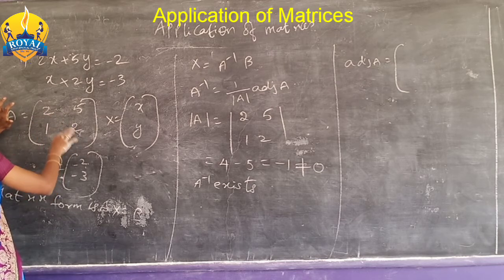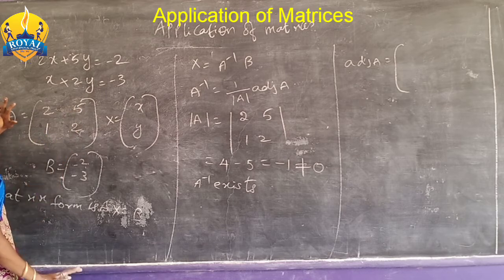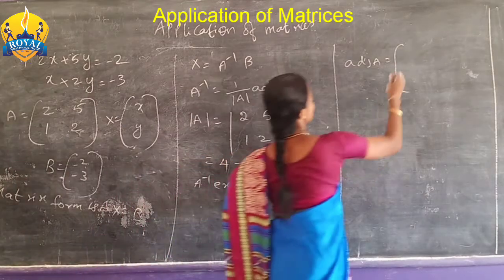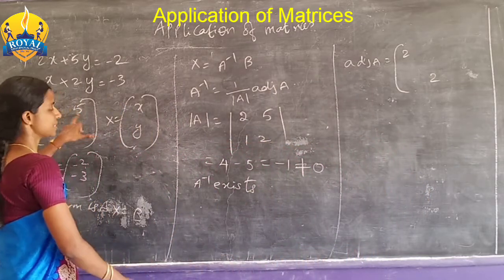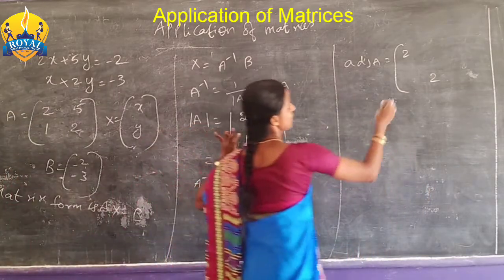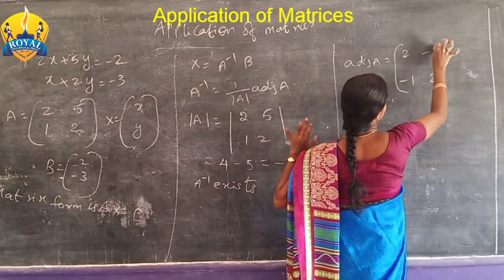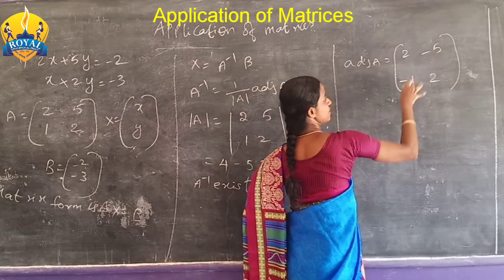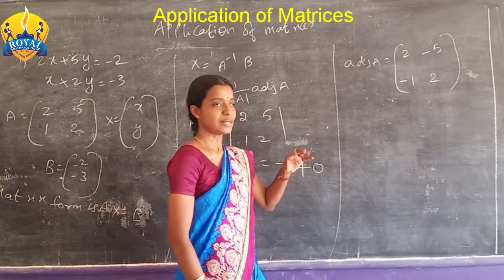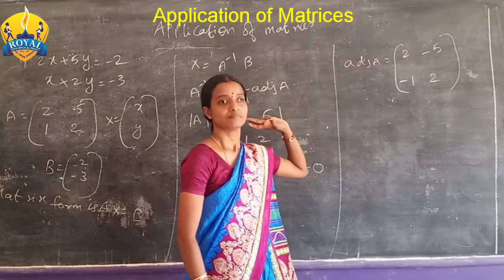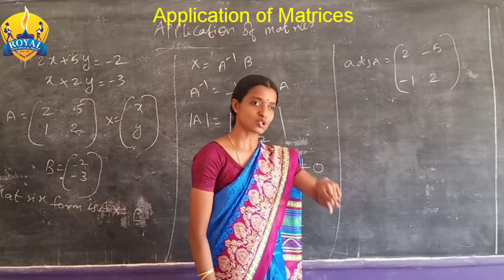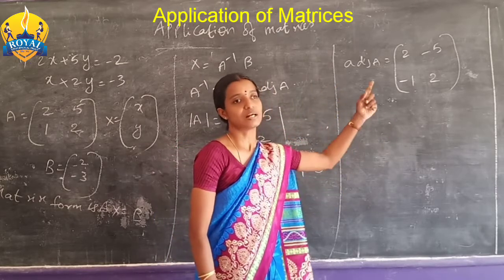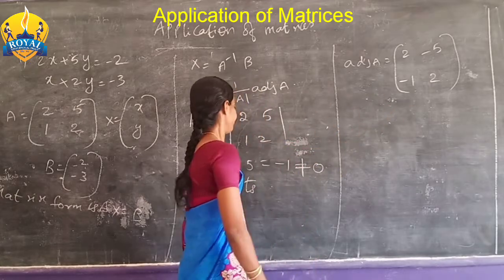For the remaining two elements, you just take the negative. So 2 and 2 become 2, 2. Now 5 becomes minus 5, and 1 becomes minus 1 in the same place, because of the sign pattern plus minus, minus plus. If I take the transpose, I get this. So only for a 2 cross 2 matrix can I find adjoint A directly.